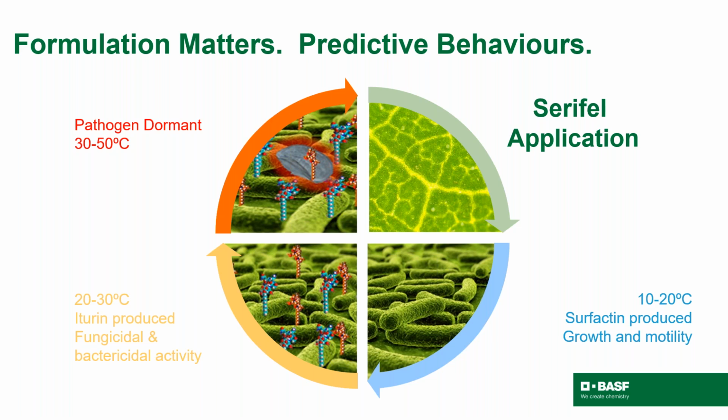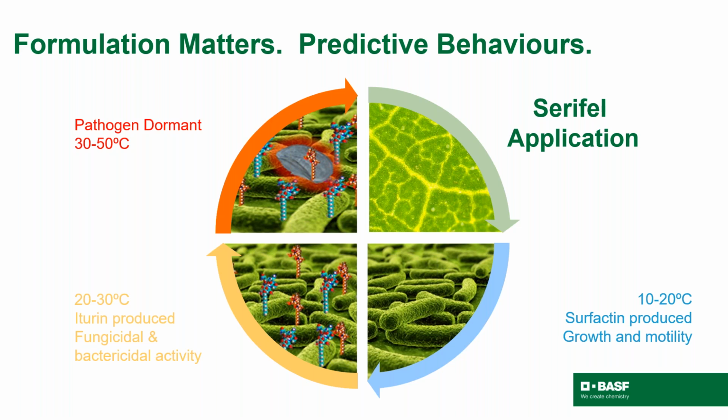After that, usually when the temperature is around 10 to 20 degrees Celsius, Serifel spores will produce a metabolite called surfactin. This surfactin metabolite communicates to the spores that they need to grow and be mobile. As temperature increases and as the colony increases at that 20 to 30 degrees Celsius, the Serifel spores will then produce a metabolite called iturin.